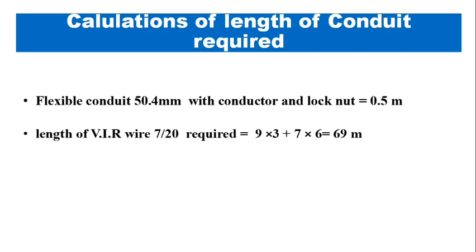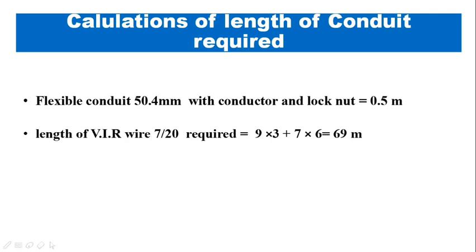Two types of conduit you have used, 38.1 mm conduit and 50.4 mm conduit. As we have already explained, the 38.1 mm conduit, which is required to join the main board to the control board, will consist of 3 wires. So the length of that is 9 meter.